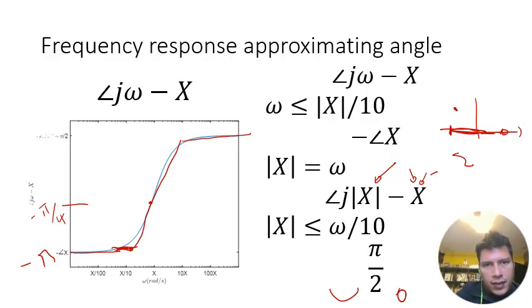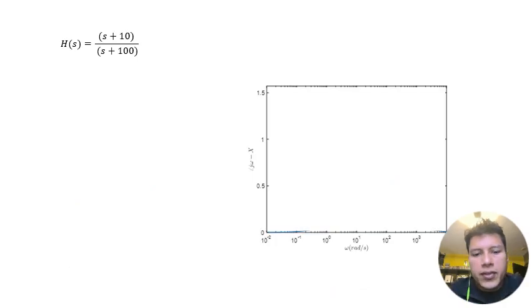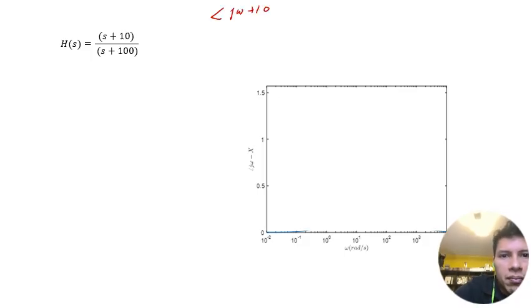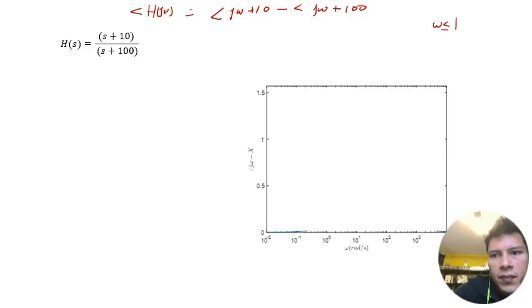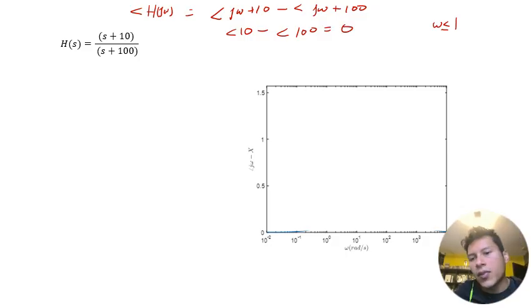Next slide. Okay, so let's use our approximation to plot this. We have the angle of j omega plus 10 minus the angle of j omega plus 100, which is equal to the angle of h of j omega. Whenever omega is less than or equal to 1, we're going to have the angle of 10 minus the angle of 100, which is just 0 because the angle of a real number is 0.